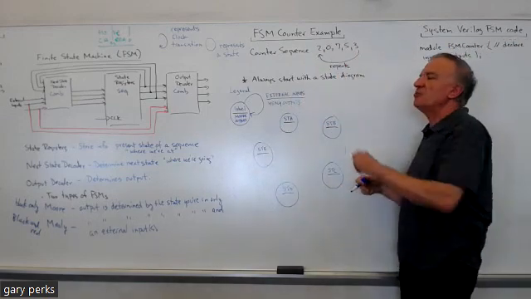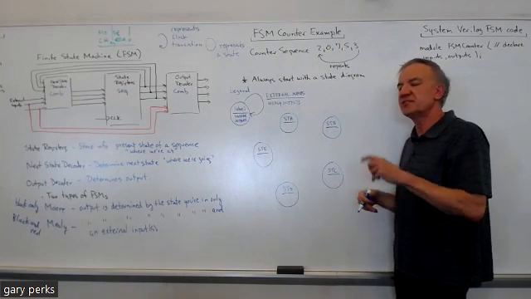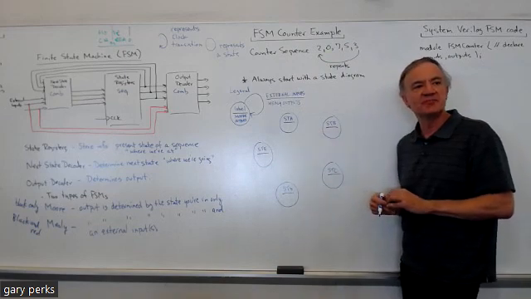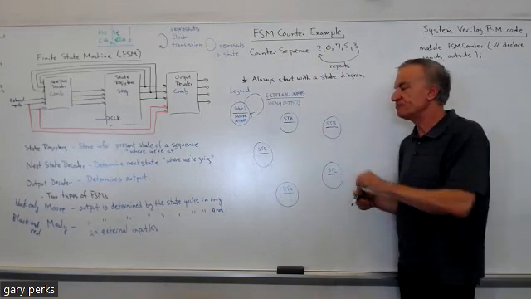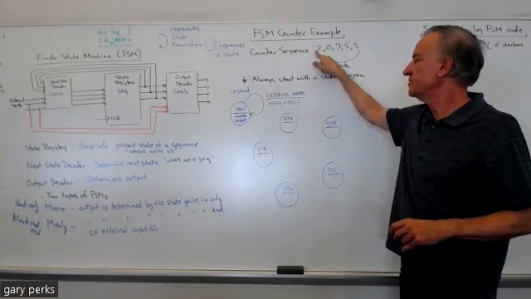I'm going to make these the outputs of the counter, and I'm going to make them Moore outputs. Since they're Moore outputs, they really depend only on the state, and therefore the Moore output goes inside the circle. I'm going to put these as binary numbers.